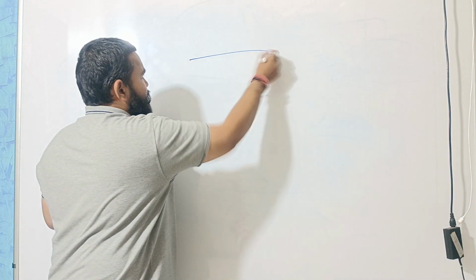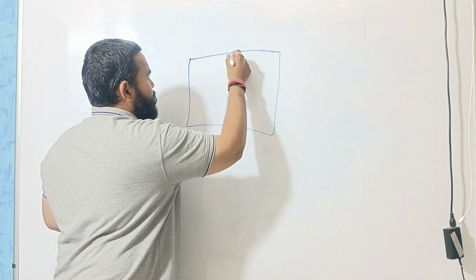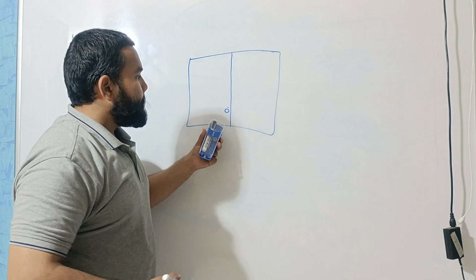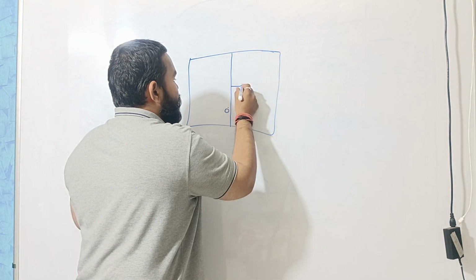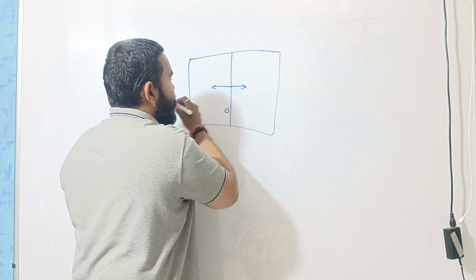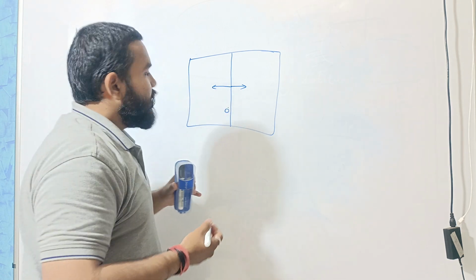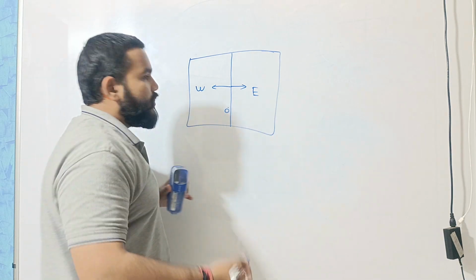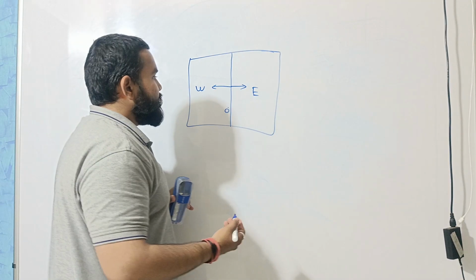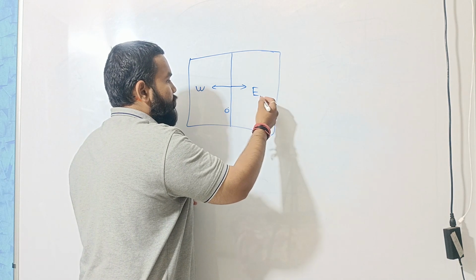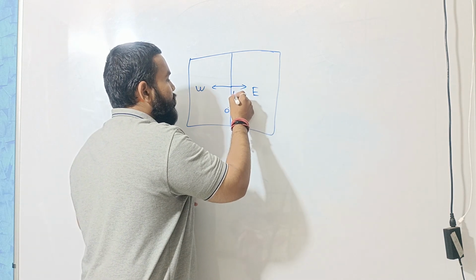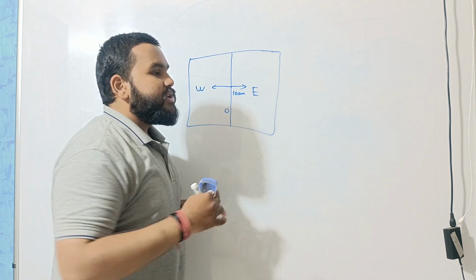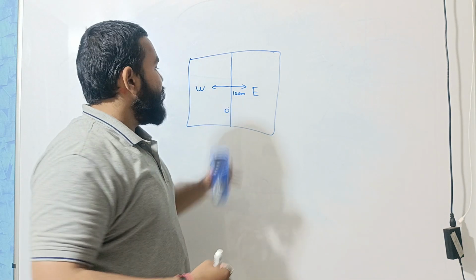Let's say this is my earth, a 2D earth. This is my zero line, the prime meridian. If I go westward and if I go eastward, then what should happen? By common sense, if I go ahead, then for example here it is 10 a.m., and I'm reaching the sun's rays earlier than this point.